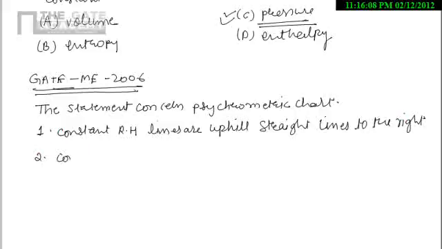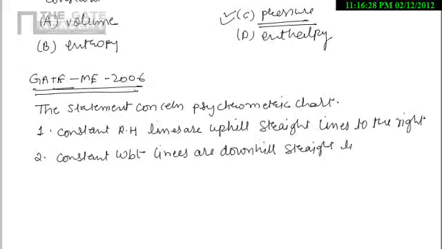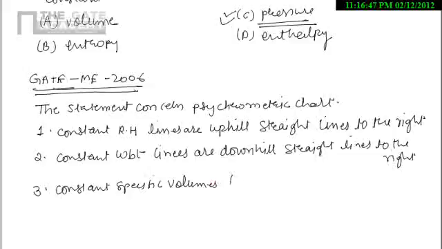Second, constant wet bulb temperature lines are downhill straight lines to the right. Third, constant specific volume lines are downhill straight lines to the right.